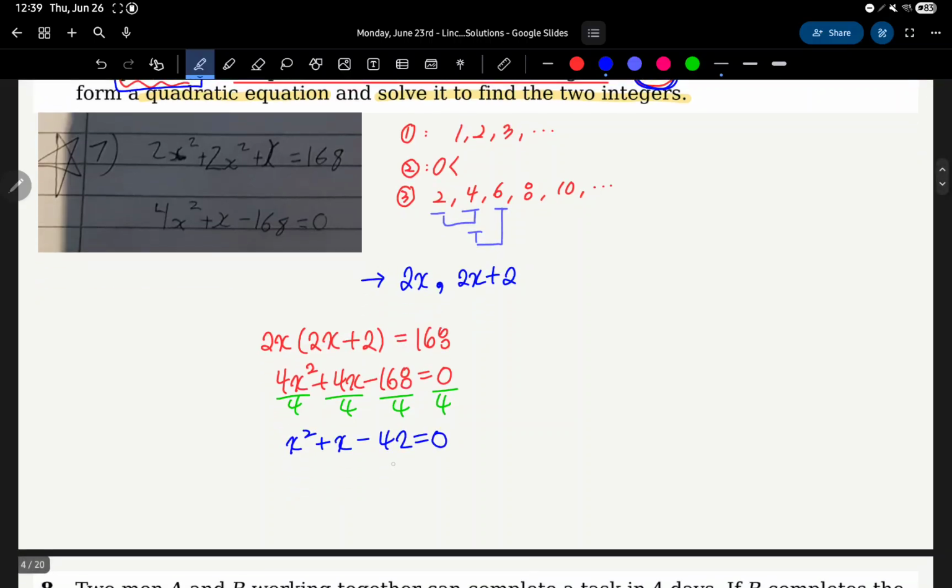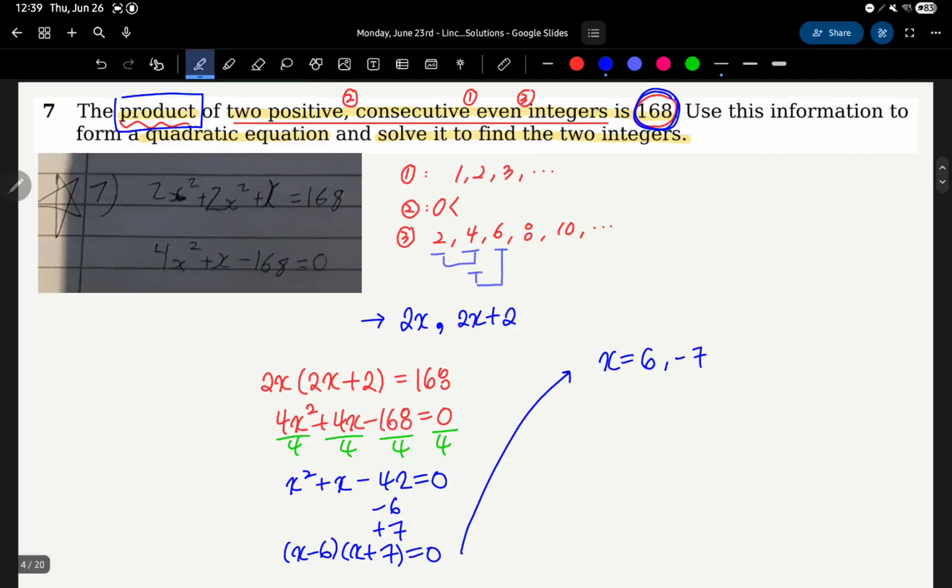So if we factorize that, we're going to get the factors 6 and 7, with a minus and a plus. So it's going to look like (x minus 6) times (x plus 7) is equal to 0. So the two values of x in this quadratic equation are either going to be 6 or minus 7. But we need to figure out which one of these is the number we're looking for.